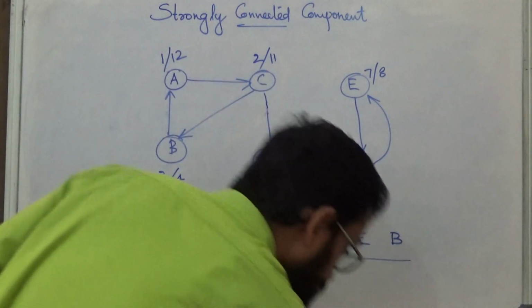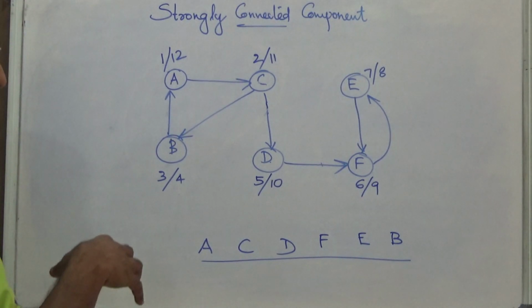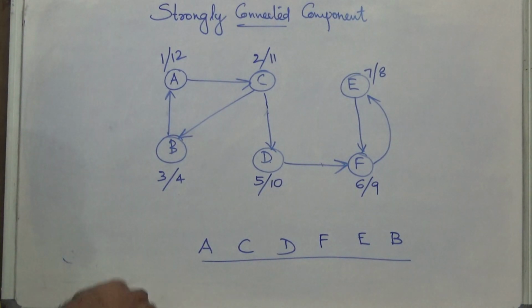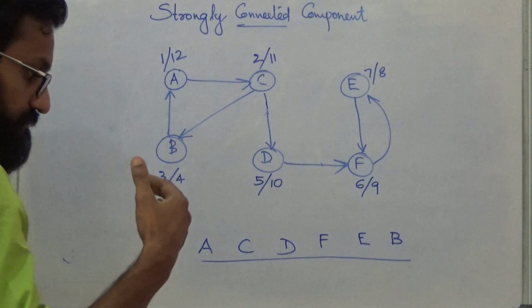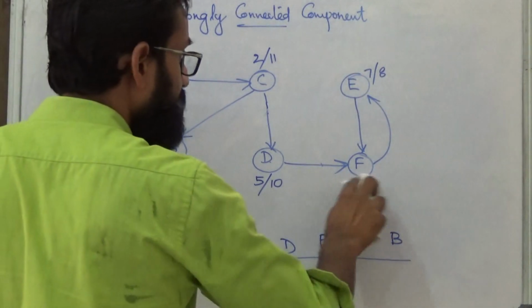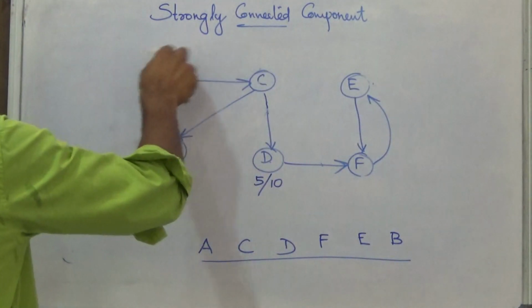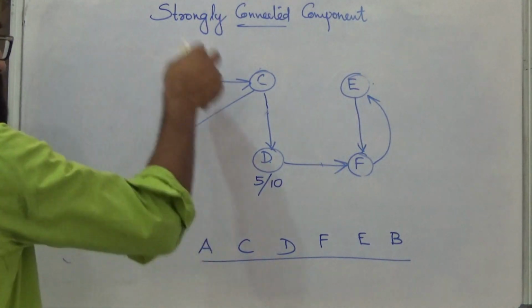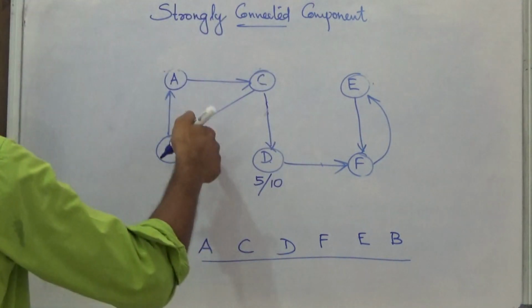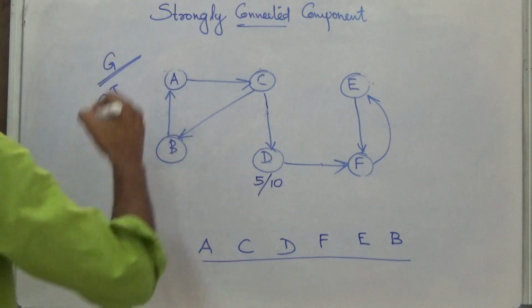Now, once you have obtained the vertices in descending order of their finishing time after performing DFS, you have to take the transpose of this graph. This graph is G. You have to compute G transpose.